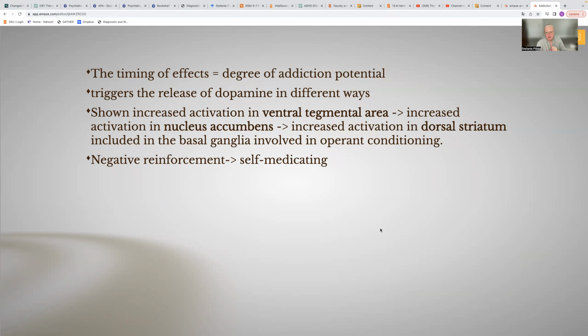It triggers the release of dopamine in different ways, and it's been shown to increase activation in the VTA, or ventral tegmental area, increased activation in the nucleus accumbens, which is involved in your reward processing, and increased activation in the dorsal striatum, included in the basal ganglia, involved in operant conditioning.